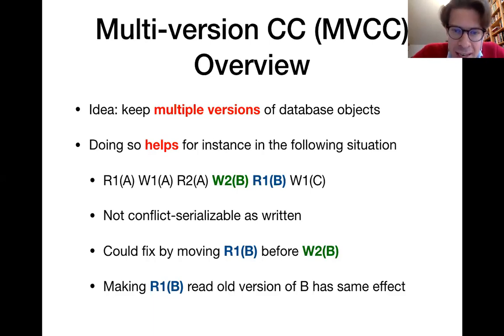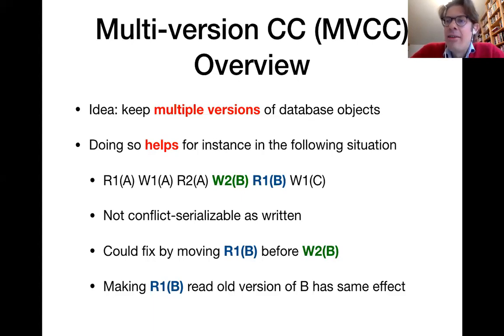Now, this would not happen had we read the B object a little bit earlier for the first transaction. If you imagine that we move this read of B by transaction 1, marked in blue, a little bit earlier, then we would not have the cycle in the conflict graph.